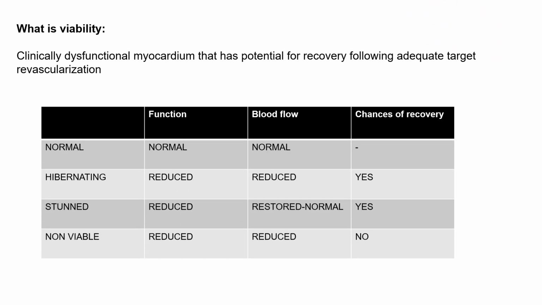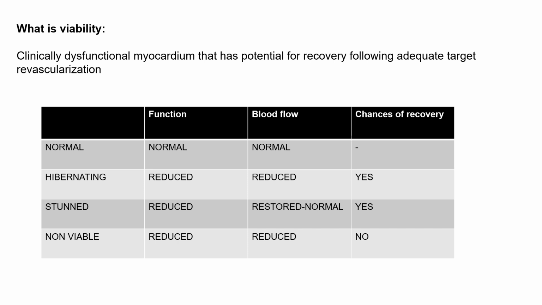So the question comes, what is viability? Viability is basically the myocardium which is dysfunctional, which has reduced EF, but it can recover if we revascularize the patient. There are two terms usually used in cardiology, hibernating and stunned.